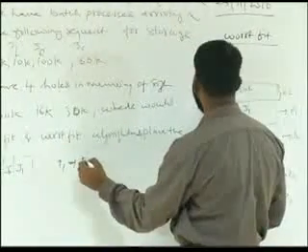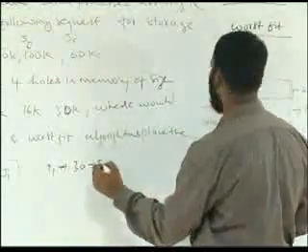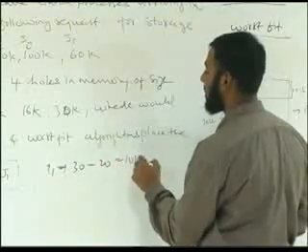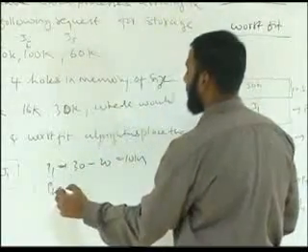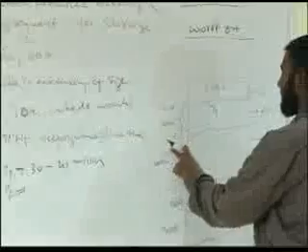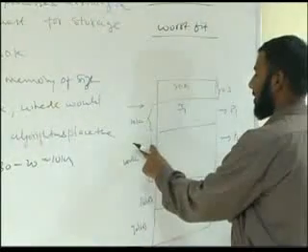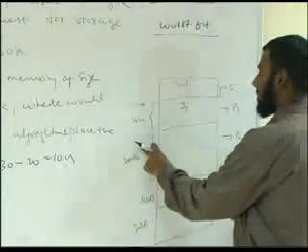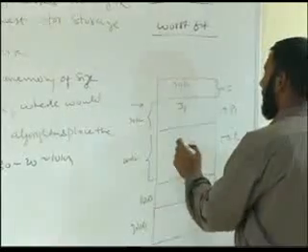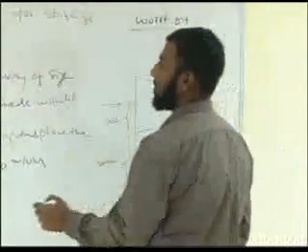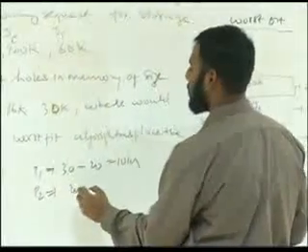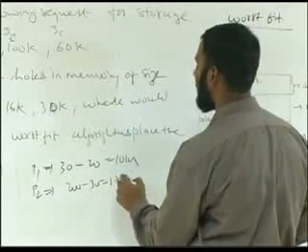The internal fragmentation will be 30 minus 20, which is 10 kilobytes. When job J2 comes, J2 again will be allocated here, because the condition is satisfied. So 200 minus 30 gives 170 kilobytes.